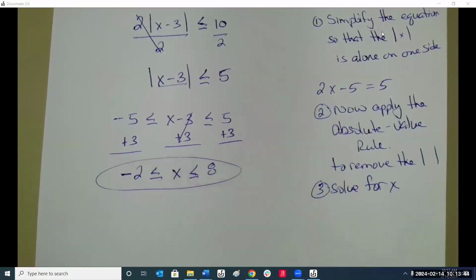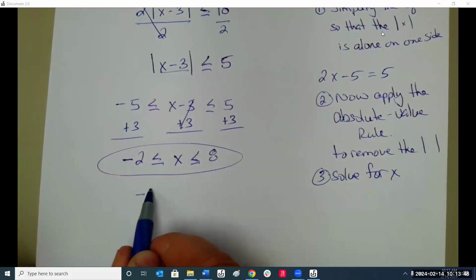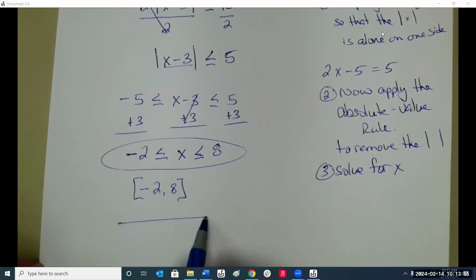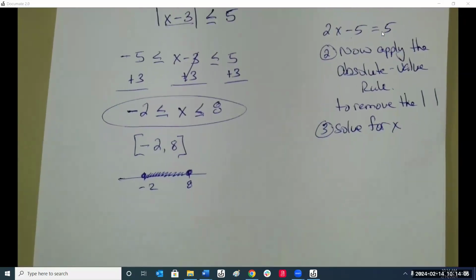And there's your answer. And these are the other representations. Get used to putting in all 3 representations. So far, so good. So that's the less than rule.